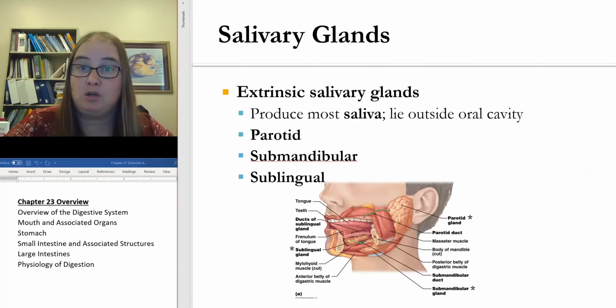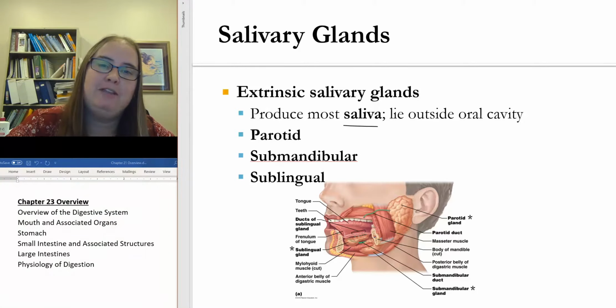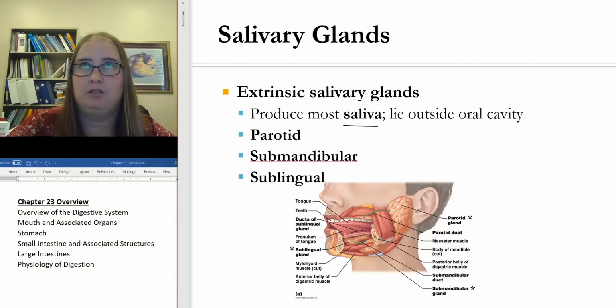Our next structure within the oral cavity is our salivary glands, and the whole function of the salivary glands is to produce saliva. Even though the salivary glands are associated with the oral cavity, they actually lie outside of it. We have three salivary glands.